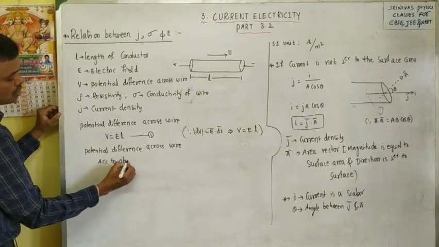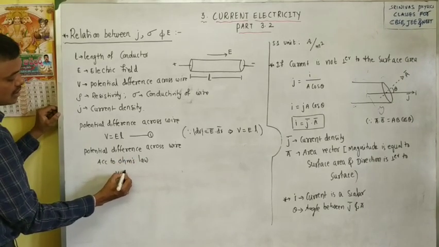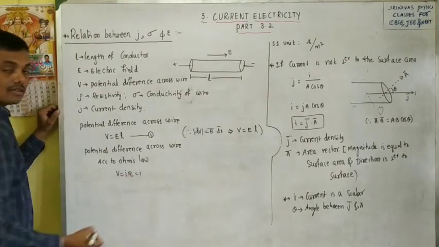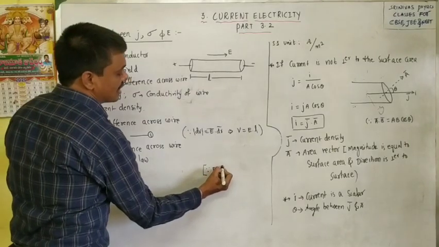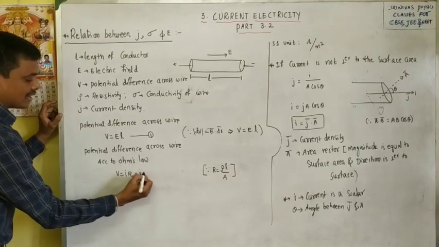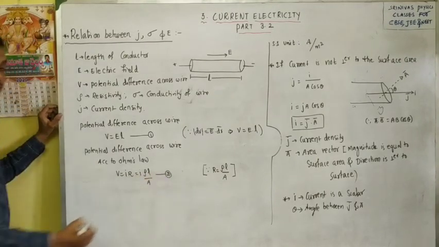According to Ohm's law, we write V is equal to IR, where R is the resistance. Resistance we write as rho L by A. So V is equal to I rho L by A. This is equation 2.